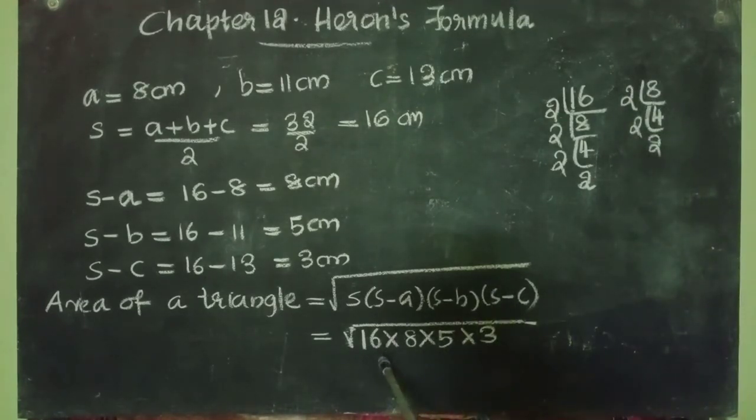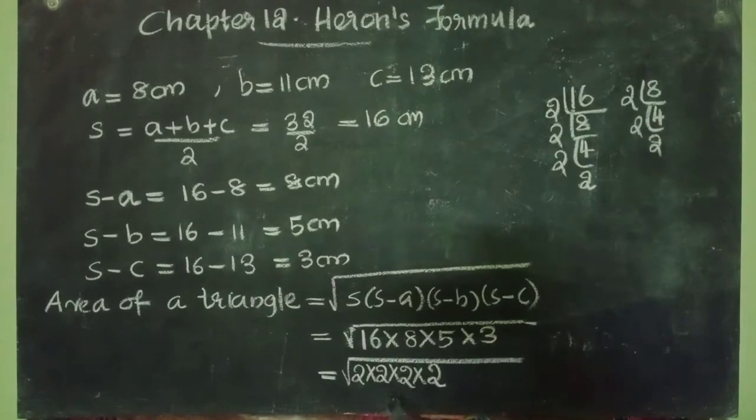Let us replace 16 and 8 by the prime factors. So first I replaced 16 by its prime factors, 2 into 2 into 2 into 2. Next is 8. It is 2 into 2 into 2.